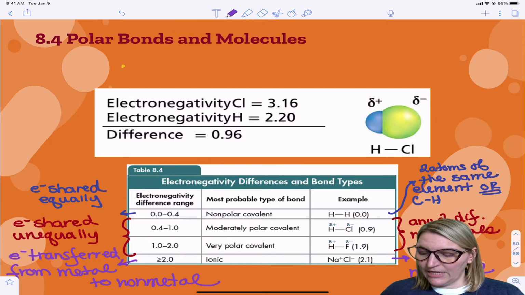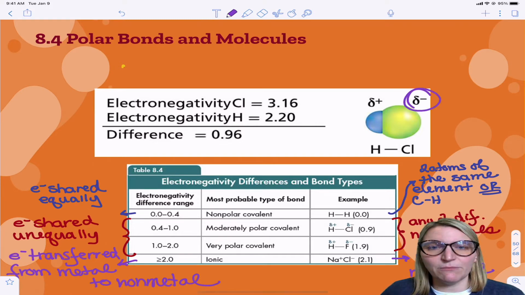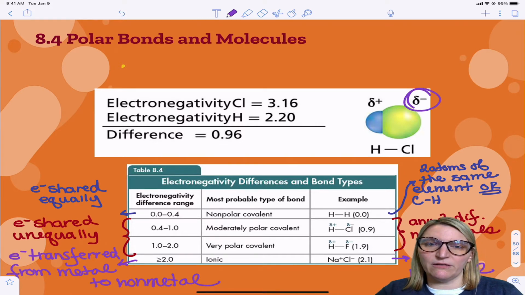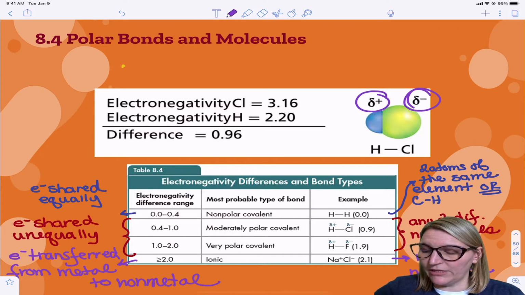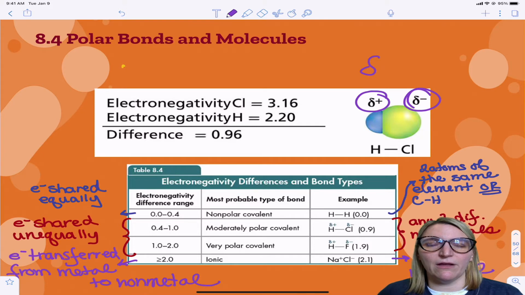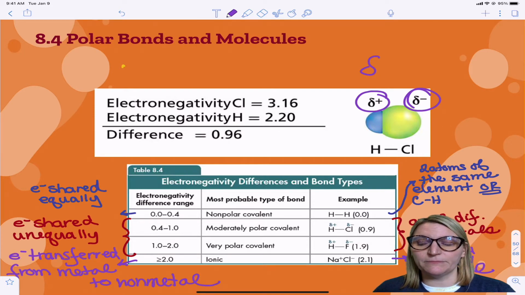The difference is 0.96. That means that bond is polar. And we can see this symbol again, the partially negative symbol, describing the more electronegative atom, and the partially positive symbol, which remember kind of looks like an unfinished 8, is on the hydrogen atom.